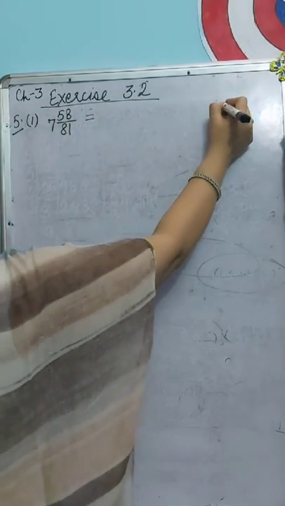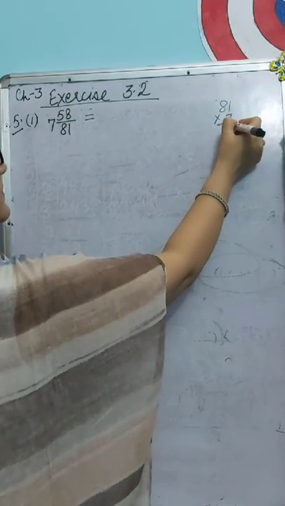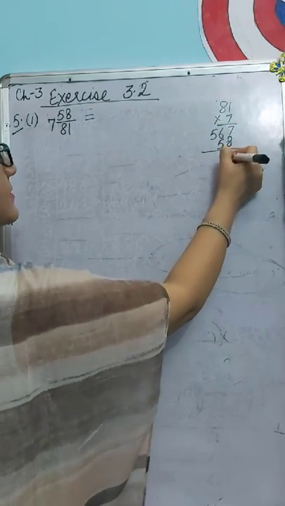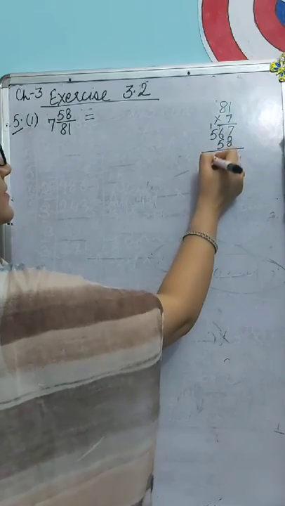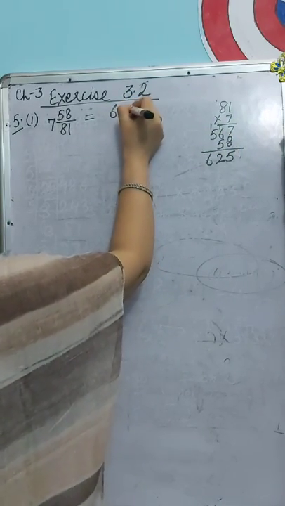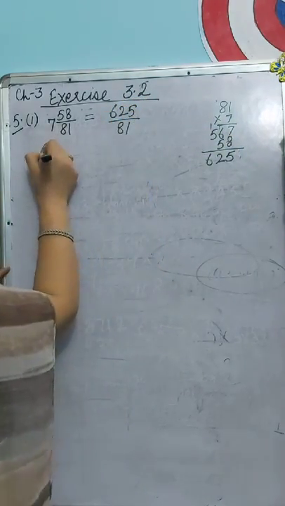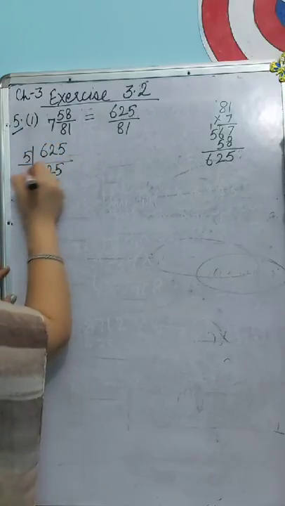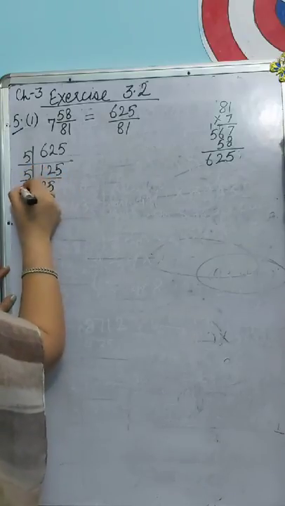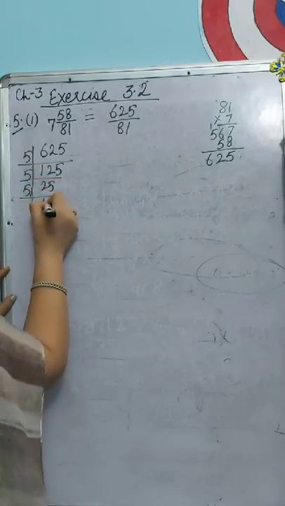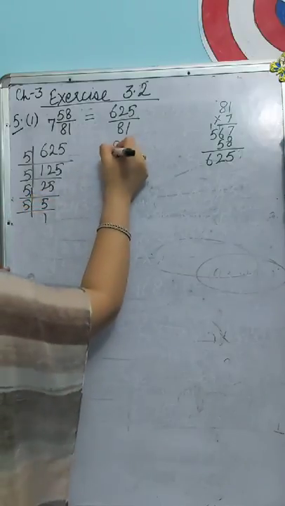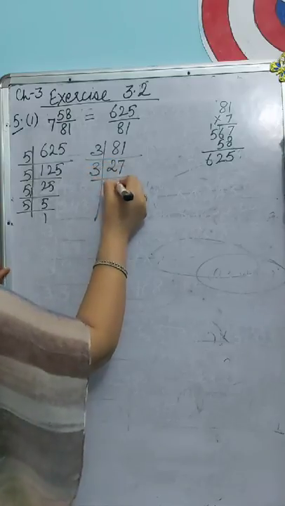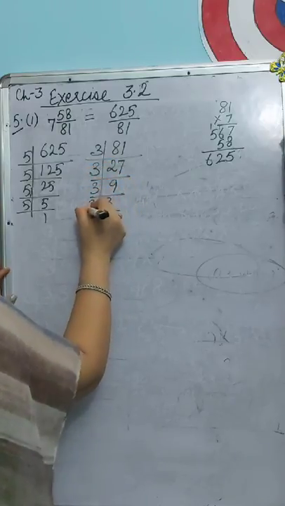Fifth question, first part. Change this mixed fraction. 81 into 7, 7 1 is 7, 8 7s are 56, plus 58, 625 over 81. Do the prime factorization: 5, 5, 25, 5, 5, 1; 81, 3, 27, 3, 9, 3, 3, 3, 1.